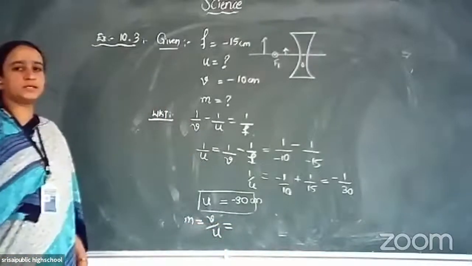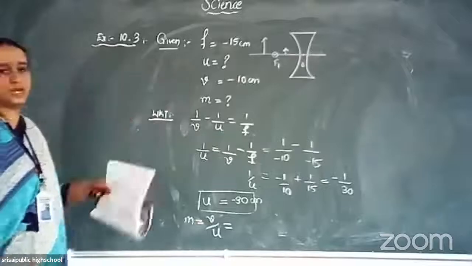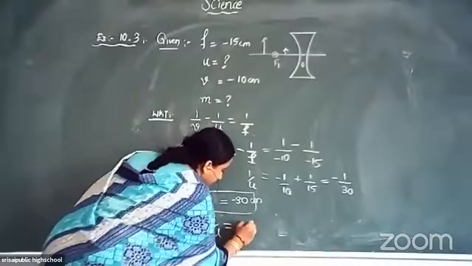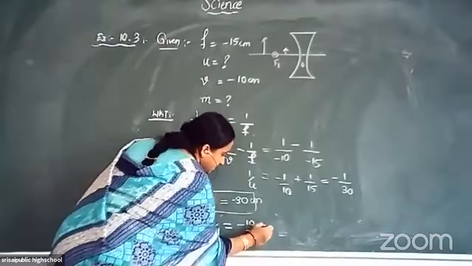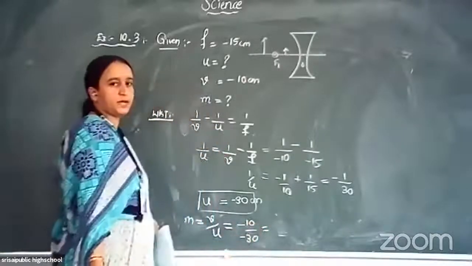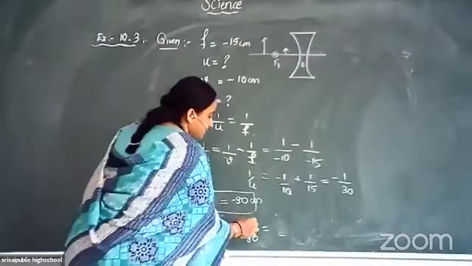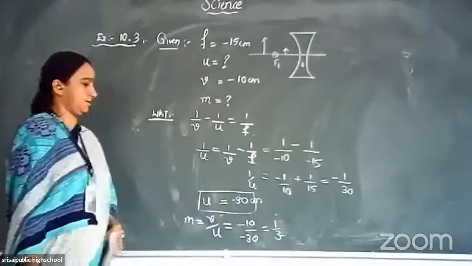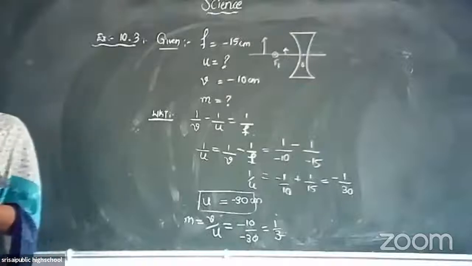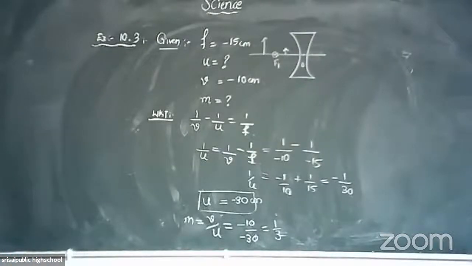What is the V? Value of V is minus 10 divided by, what is your U? Minus 30. Minus divided by minus is plus. So this 0 cancels, 1 upon 3. So your value for the magnification is 1 upon 3.